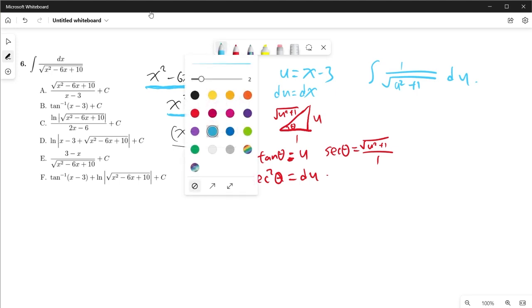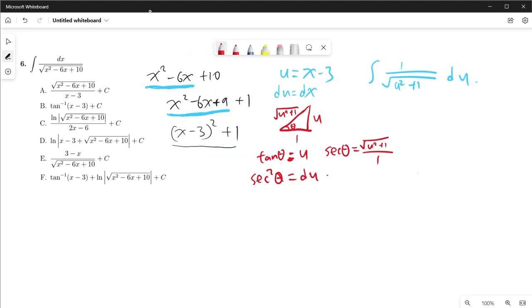So in this case, I can trig sub all these in. In that case, it will be 1 over secant theta for the integral part, and then du equals secant squared theta d theta.